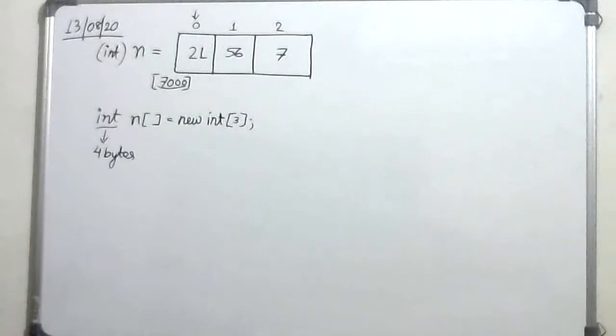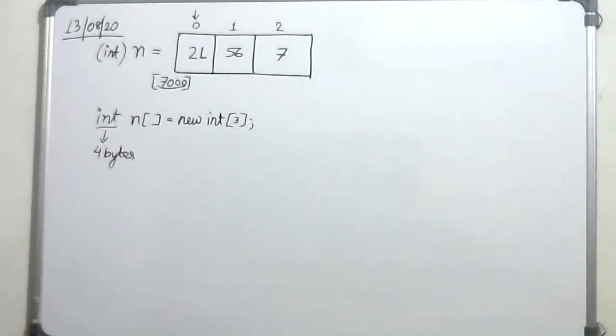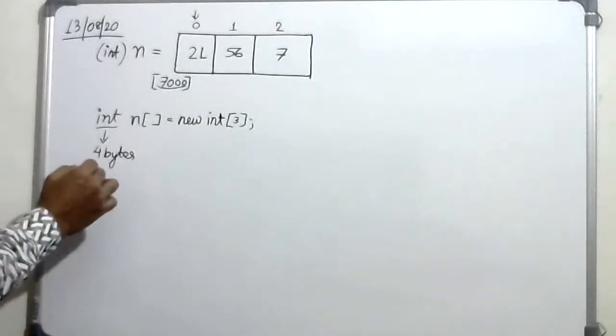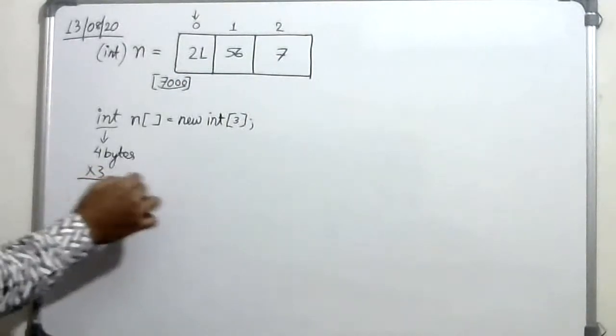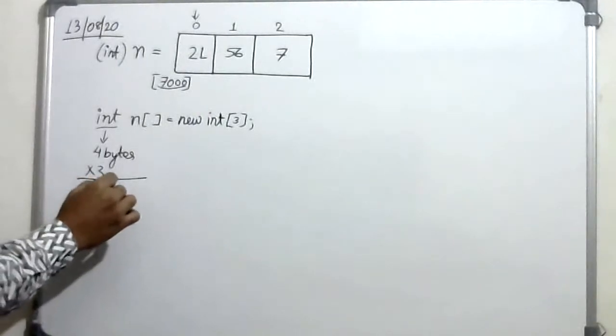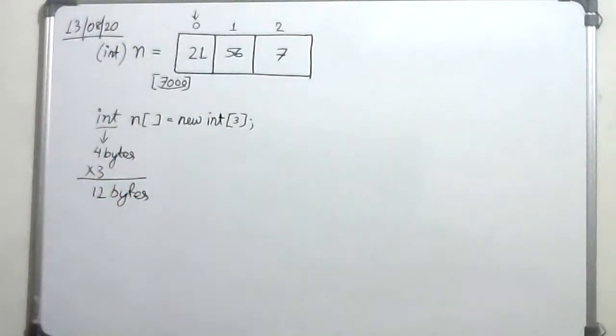Now the size of each value will be 4 bytes because those are integer type values. So the total number of bytes required to store 3 values of integer data type is simply 4 into 3, where 3 is the number of elements. So I need a total of 12 bytes.